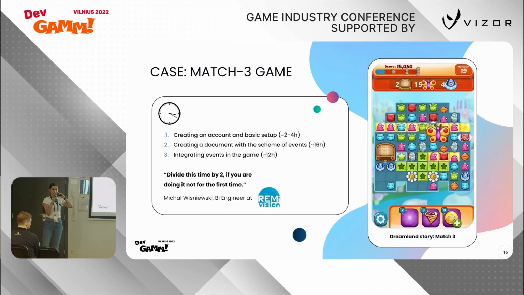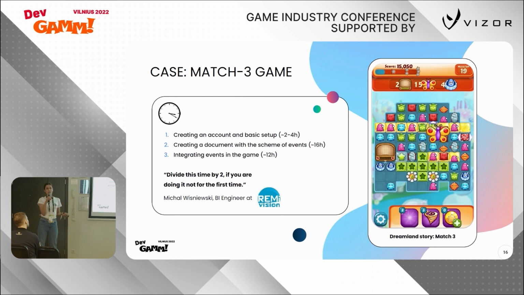One of the most frequently asked questions from developers is how long does it take to integrate analytics? And answers may vary, but I want to give you some orienteers. So here is a game by Remmy Vision, a Polish developer, and it's a match 3 game, and they integrated analytics in 30 hours.